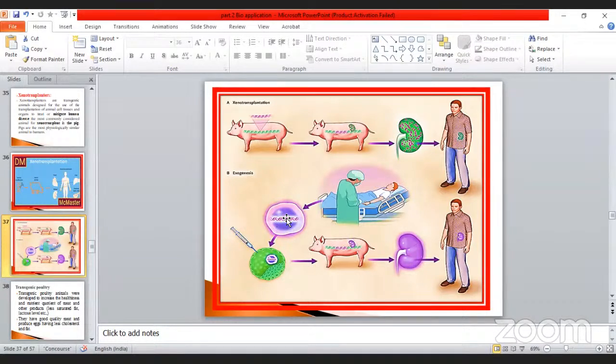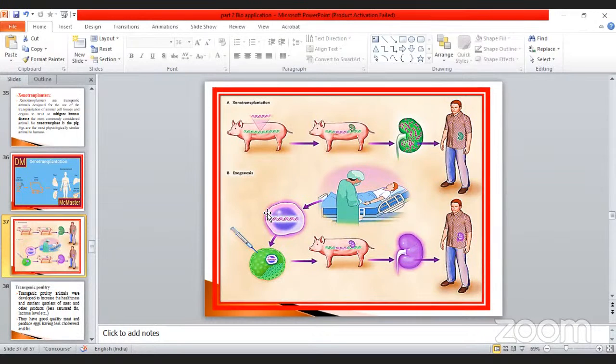We have to isolate the cell from the human kidney. Then it is introduced, and biotechnological changes also occur, physiological and chemical changes, inside the lab. After that, it is implanted into the pig. After some time, the well-developed kidney we can get and transfer to the human.